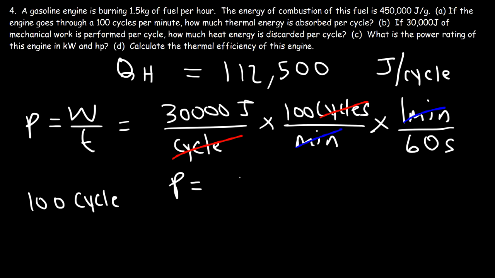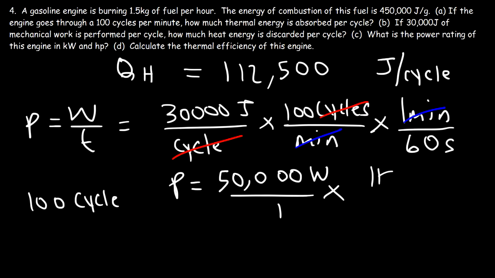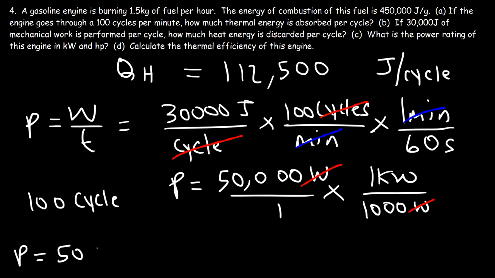And so the power is 50,000 watts. Now to convert that to kilowatts, we need to divide it by 1,000. 1 kilowatt is equal to 1,000 watts. And so 50,000 divided by 1,000 will give us a power rating of 50 kilowatts. So that's the first answer to part C.